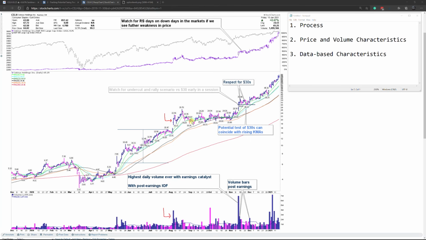After that point, we're stalking the chart for a potential entry point where we could place our risk. In this particular case, we saw RS days in this zone where the market, which is these bars, is moving down, and there was some sort of RS in this little space. So when the market's moving down and we're making our RS list, CELH would show up here. At that point, it's a candidate to position in.